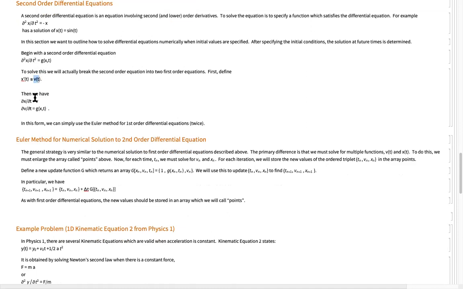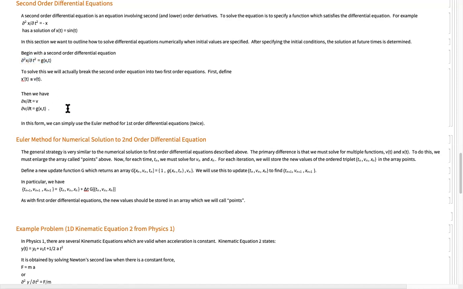It's velocity, but we're going to just give a name to the first derivative of the function. And so our second order differential equation is going to become dx/dt equals v, and dv/dt equals g. And you can see that if you just take the output of this top equation and plug it into the second equation, you recover the original second order differential equation.